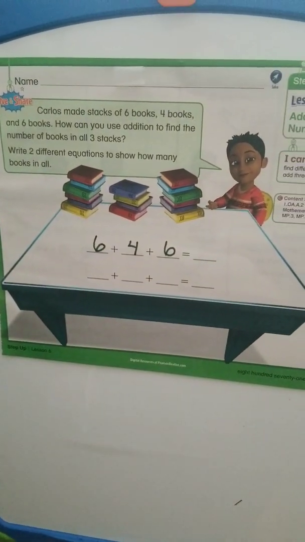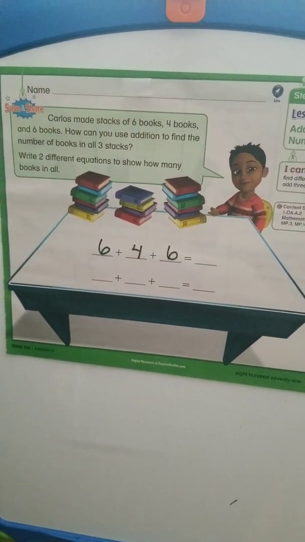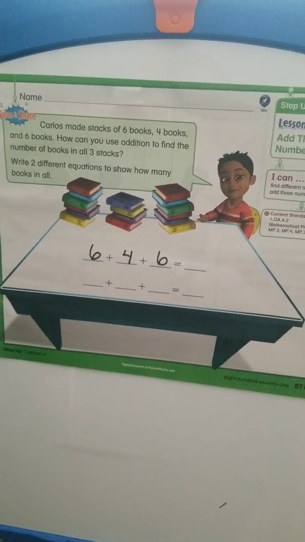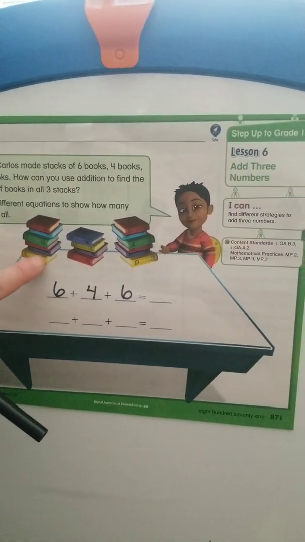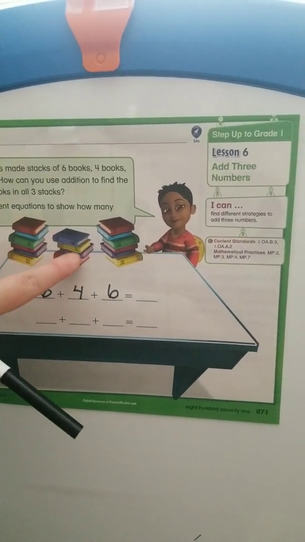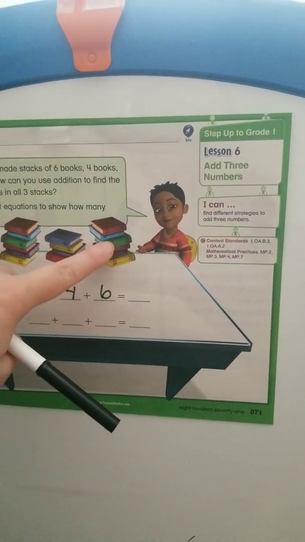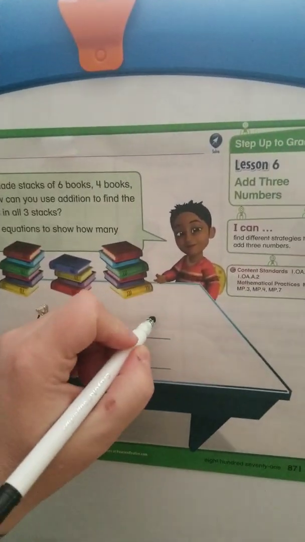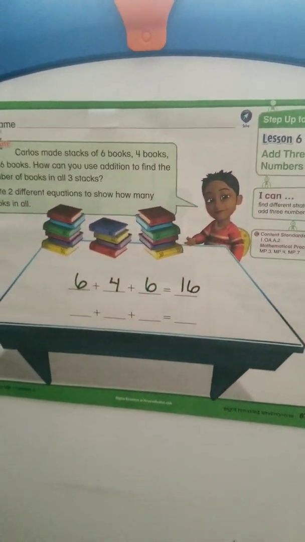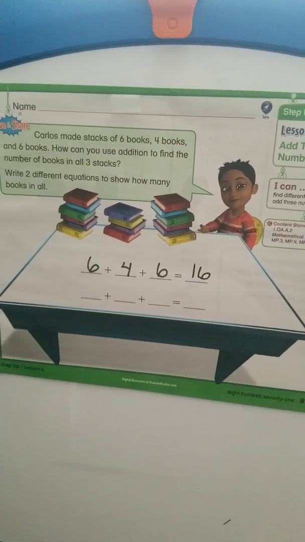Now, boys and girls, there's 2 different ways you can solve this. You can count those books all one at a time individually. 1, 2, 3, 4, 5, 6, 7, 8, 9, 10, 11, 12, 13, 14, 15, 16. But that takes a long time, right? We know there's 16. There's a better way to do it.